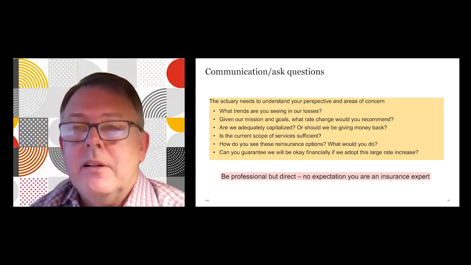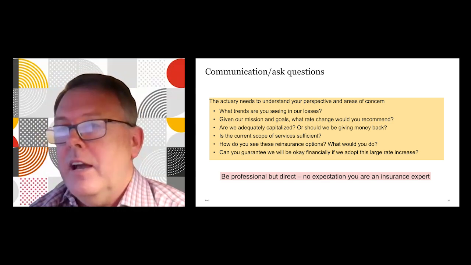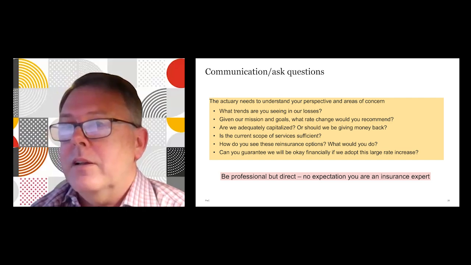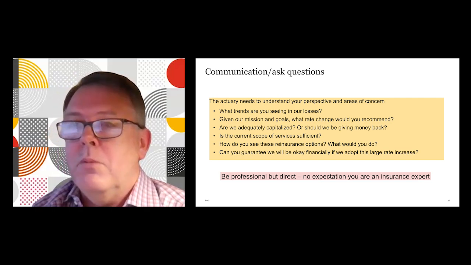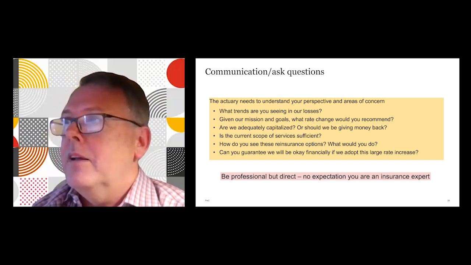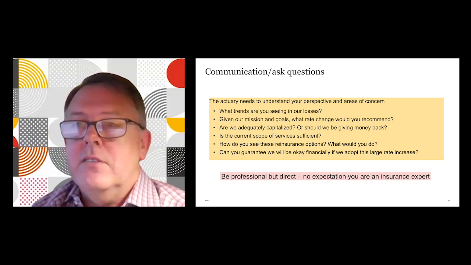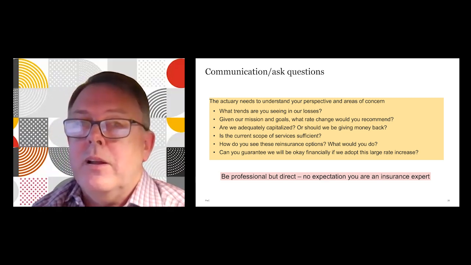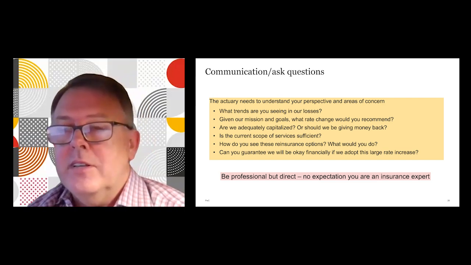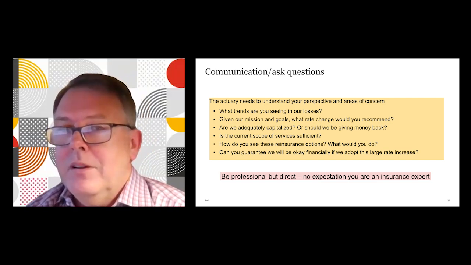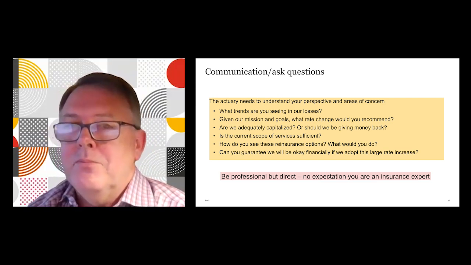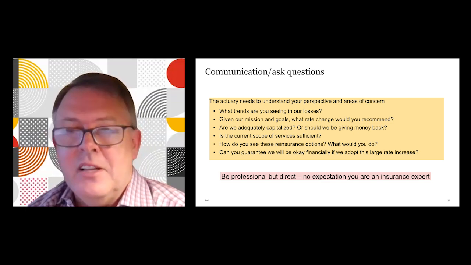Are we adequately capitalized? That's a loaded question because of the actuarial standards. There's a certain robustness the actuary would need in the answer. Are the current scope of services sufficient? You hire an actuary, you have a scope of services. Hopefully not, but what if it's the same scope of services for the last 30 years?